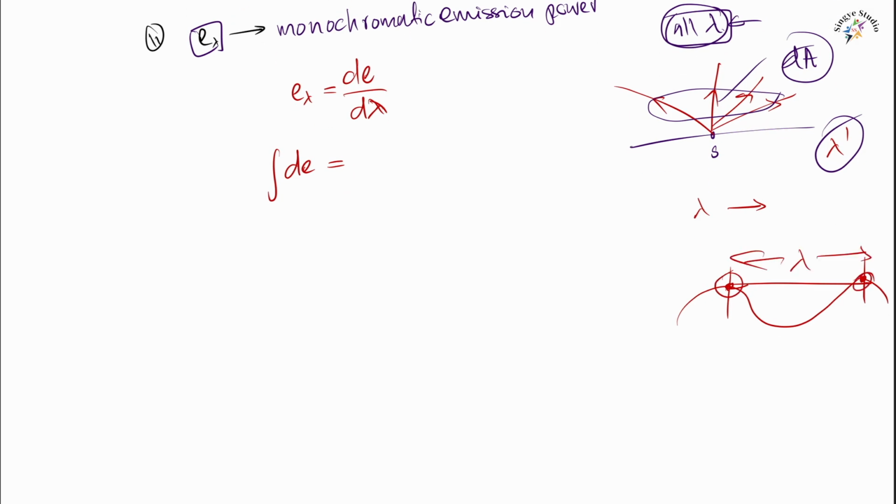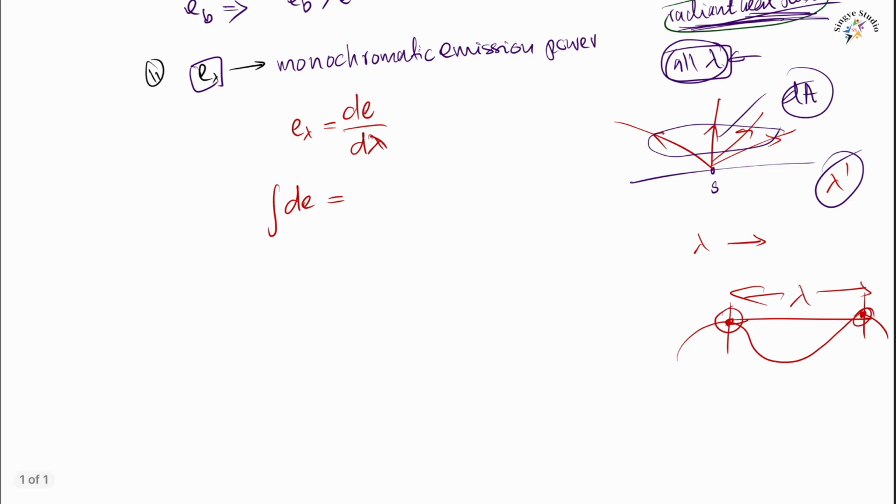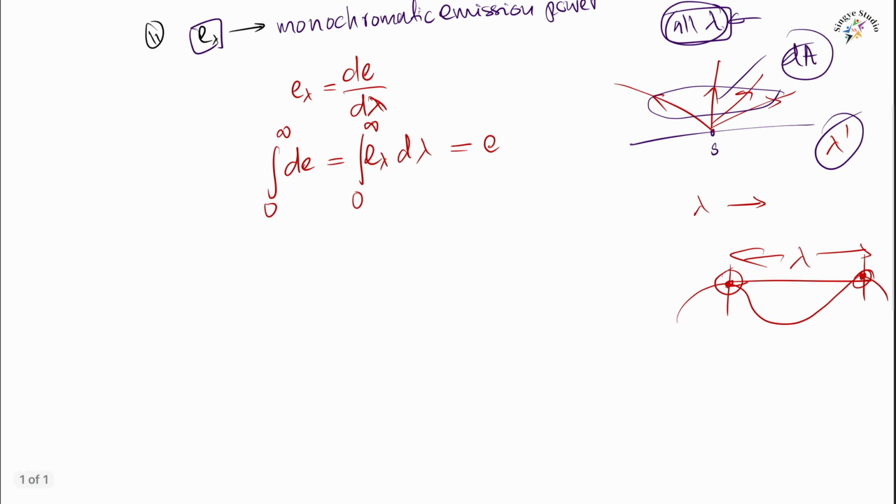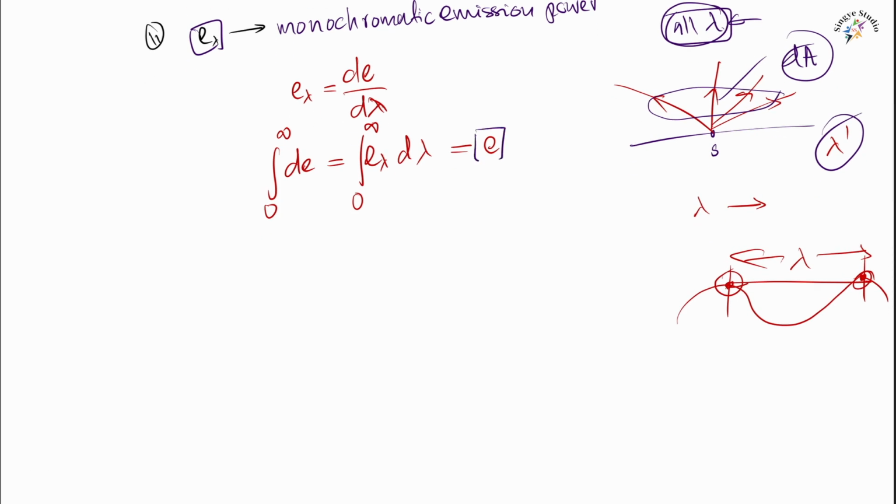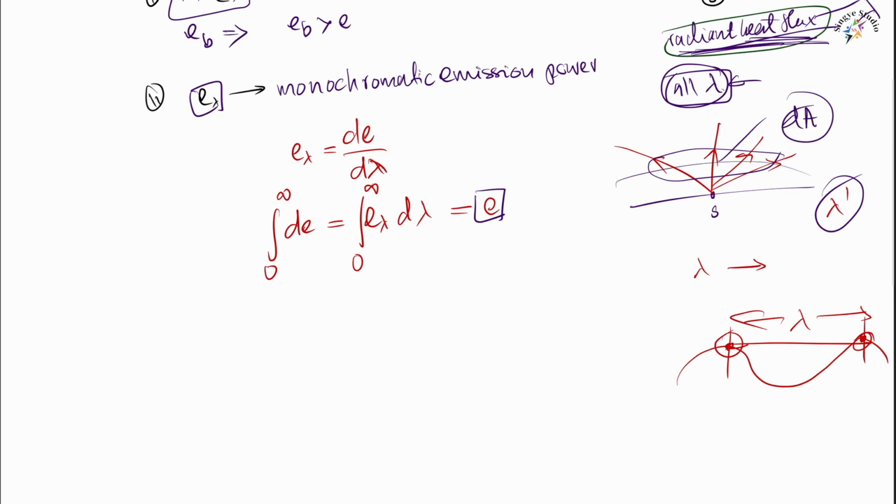When you integrate over all of this, you get E lambda, and you are quantifying the value of E, which is the emissive power of the whole radiation, the whole range of wavelengths, okay?